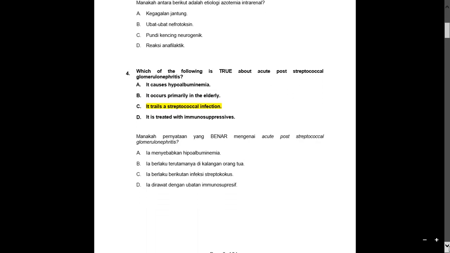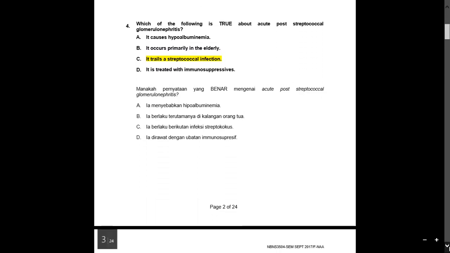Then we look at the fourth question. The fourth question is, which of the following is true about acute post-streptococcal glomerulonephritis? By the term, you know what is meant by post-streptococcal glomerulonephritis.